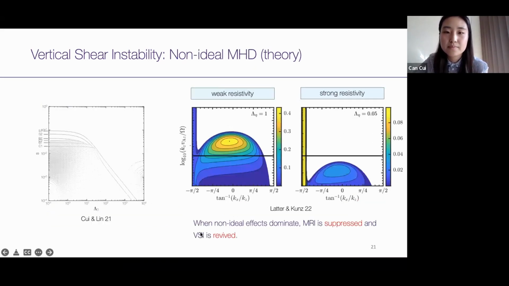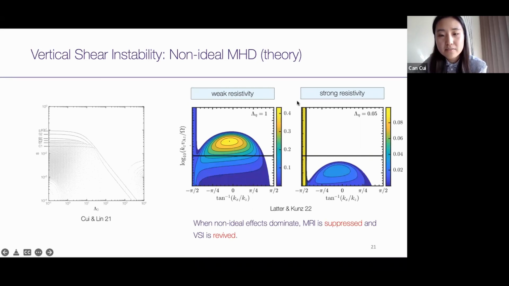Okay, so as I mentioned earlier, non-ideal effects are very important in protoplanetary disks. So people also studied the effect of non-ideal MHD on the VSI. My work and also Henrik's work both showed that when we have a big resistivity, again, the red region is for the magnetorotational instability, and the upper left corner is for the VSI.